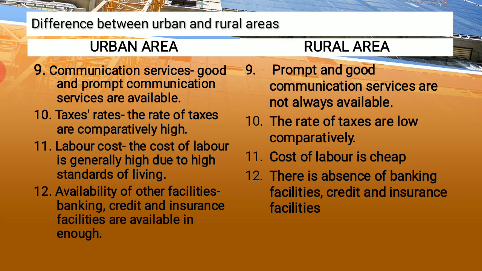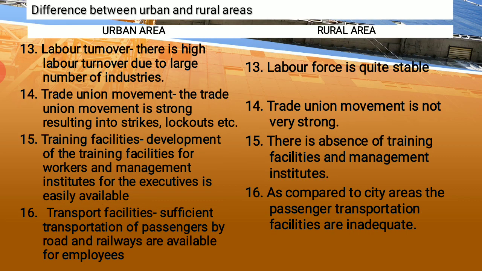That is why the urban areas become a better choice when it comes to getting services like credit facilities, financial institutions for help, loans and credits. Insurance facilities are quite available in the urban areas, whereas these facilities are lacking in the rural area.